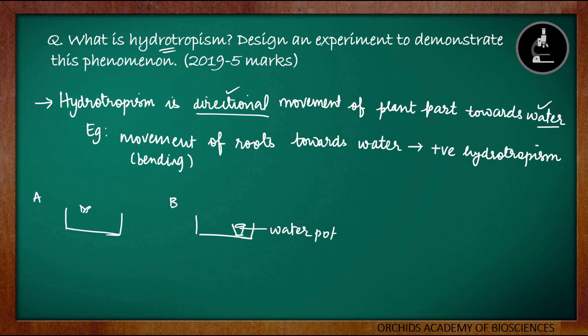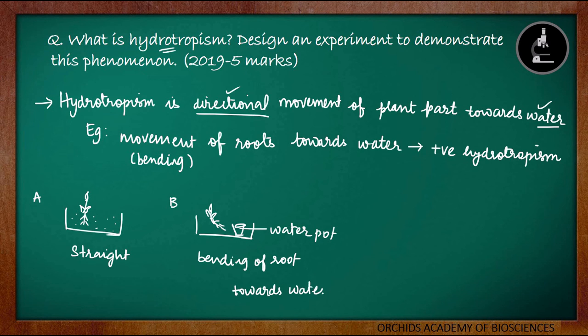So when we see the germination of plants in A and B, the germination of root in A will be straight downwards, whereas the germination of the root in B will be bending towards the water pot, which signifies that the bending of the root will be towards water, because here the water is uniformly present in the soil, so the root growth will be straight, whereas in case of the second container there will be bending of root towards water. So this explains hydrotropism.